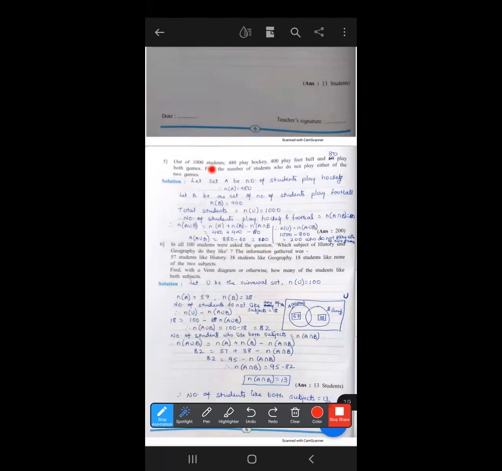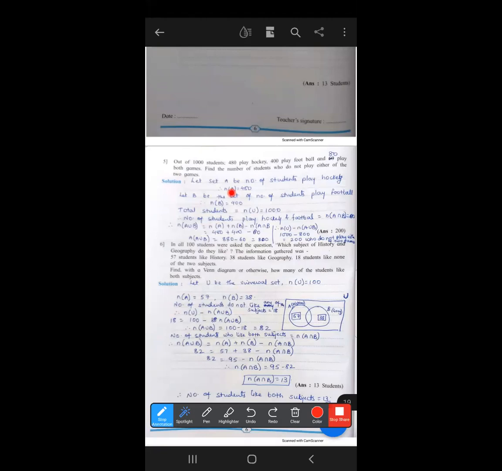Here, out of 1000 students, they have given the total number of students as 1000. They have not told the number of students who play hockey, the number who play football, or the number who do not play. Altogether 1000 is not mentioned as such in the question.